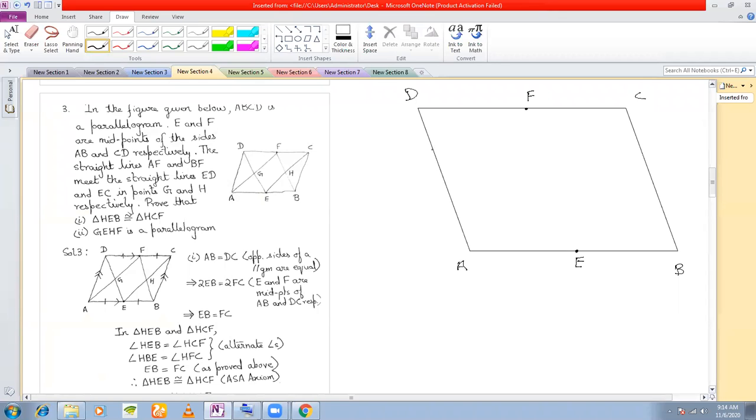The straight lines AF and BF meet the straight lines ED and EC. Fine. So there are straight lines drawn. These two points are joined, this is joined, and this is joined.